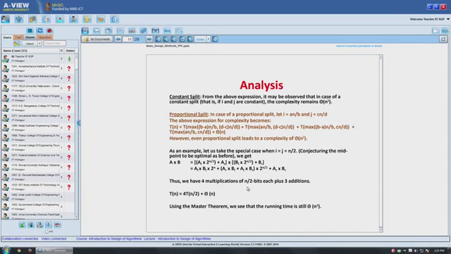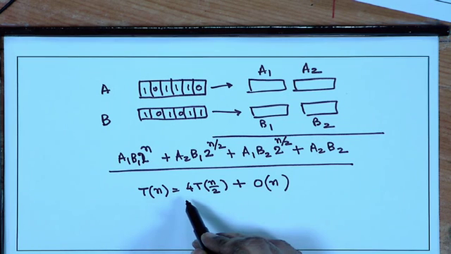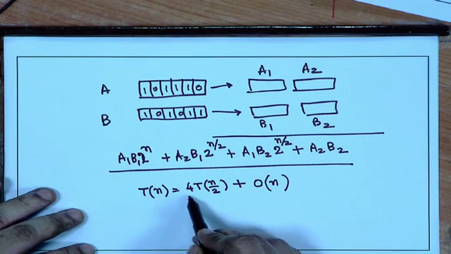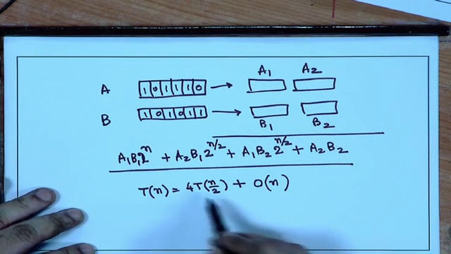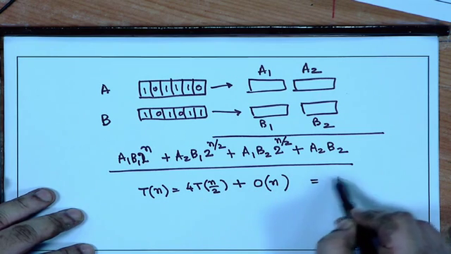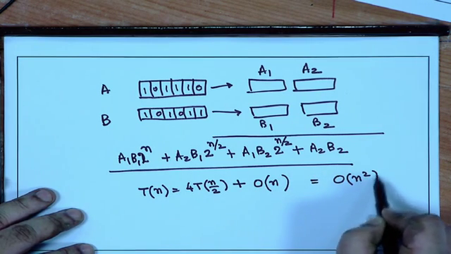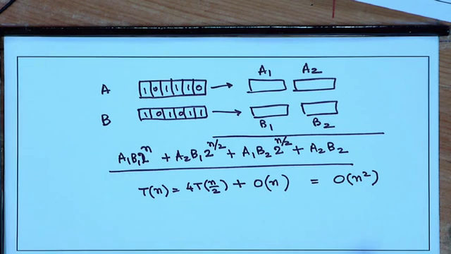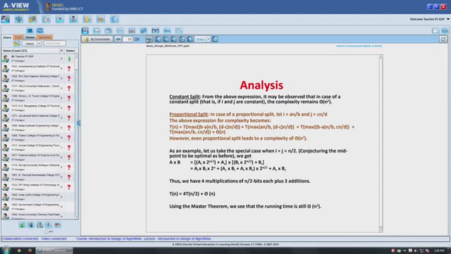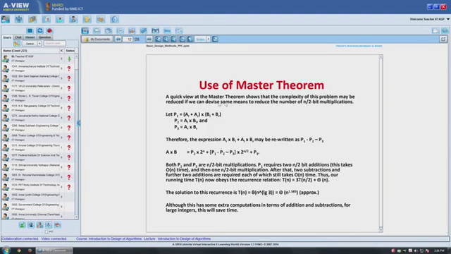And if you apply the master theorem for this, if this was 2, then it would have ended up with n log n. But this being 4, this ends up with order n squared. It does not help you at all. On the other hand, this is a different way of doing this multiplication.